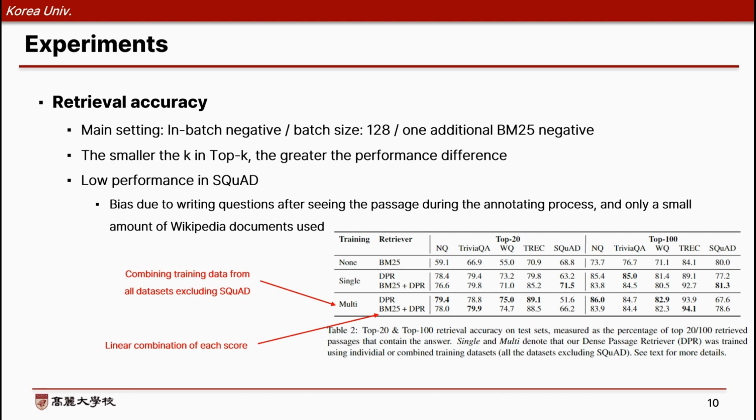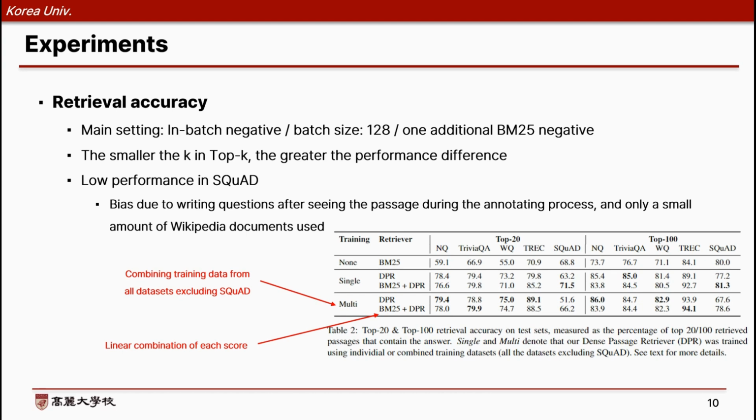The main setting uses the method I introduced earlier, and I will explain them with the table below. Here, retrieval accuracy represents the probability of picking a passage with the correct answer when a question is given.